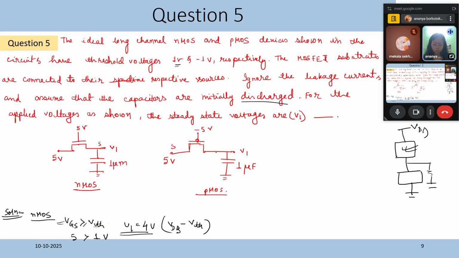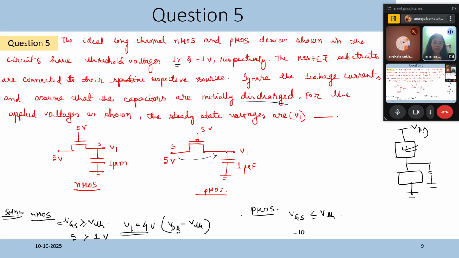Now, what happens in case of VGS for PMOS? In case of PMOS, to be on, VGS must be less than or equal to VTH, right? Initially this is 0. So VGS is minus 5, and this is less than minus 1 volt, so this is on. 5 volt is connected here, so it has a very low resistance, and it will charge up till 5 volt.